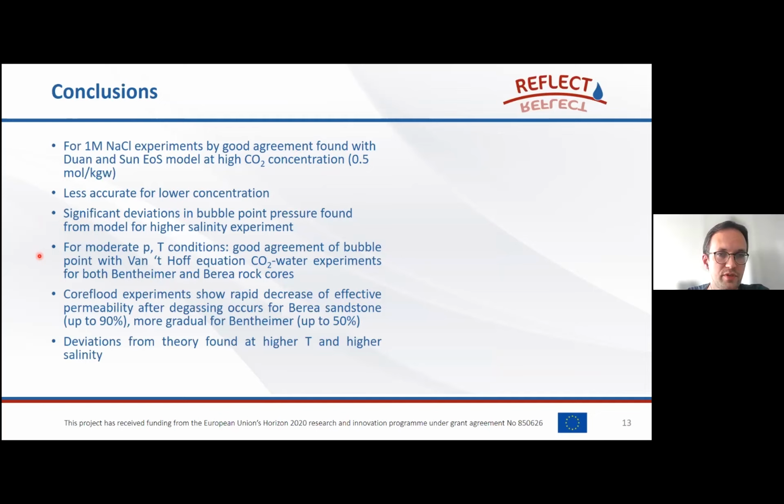And in terms of comparison with the van 't Hoff equation for the core floods, we found for both the Bentheimer and Berea rock cores good agreement at moderate pressure and temperature conditions, and found a much more rapid decrease of the effective permeability for the Berea sandstone compared to the Bentheimer. But also here we found some deviations from the theory at higher temperature and salinity.